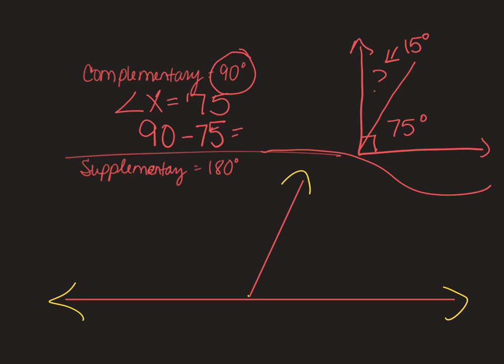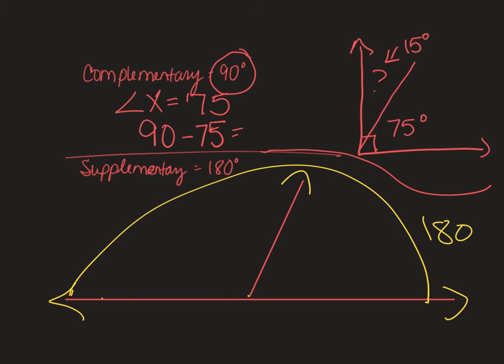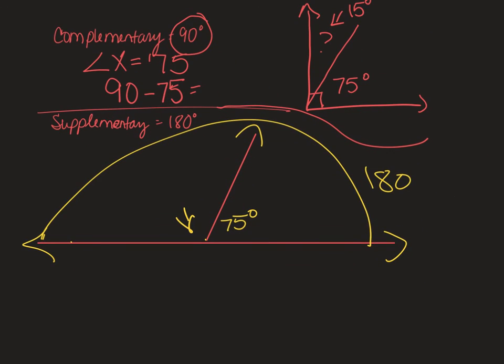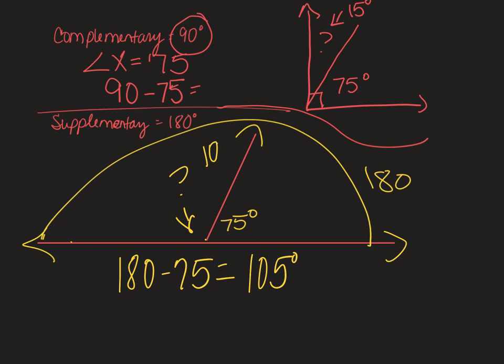We know that this whole angle from here all the way over here equals 180 degrees. But we are given this measurement, which is 75 degrees, and we don't know what the measurement of that angle is. But we can find that without using our protractor by saying 180 minus 75 is what? 105. So this is 105 degrees. Okay, does that make sense?